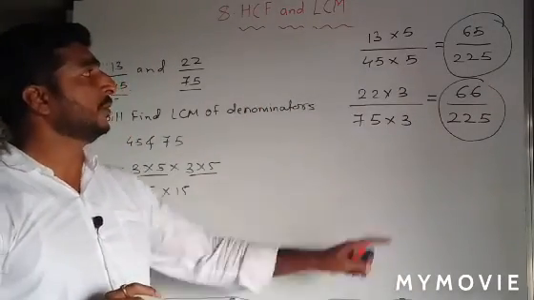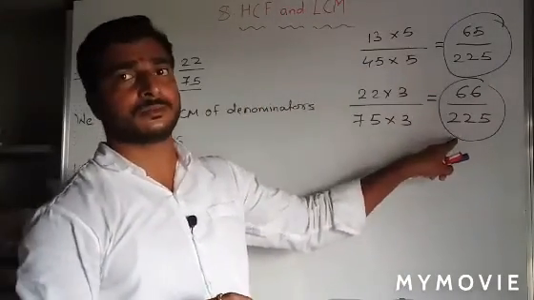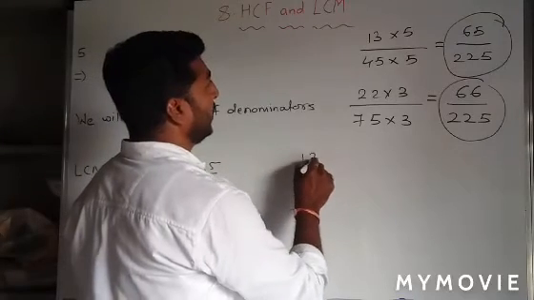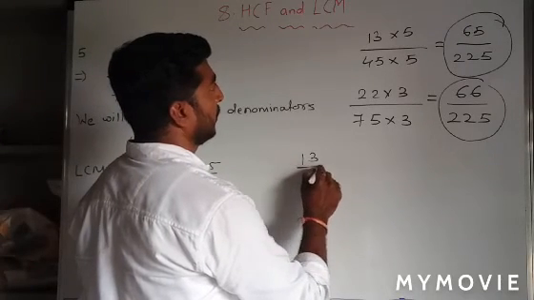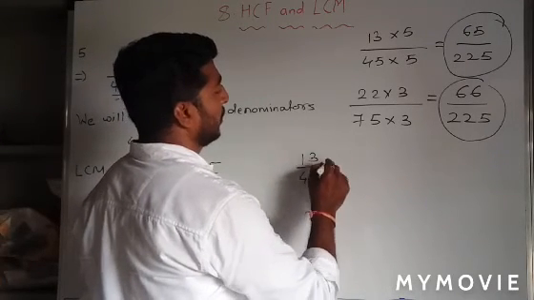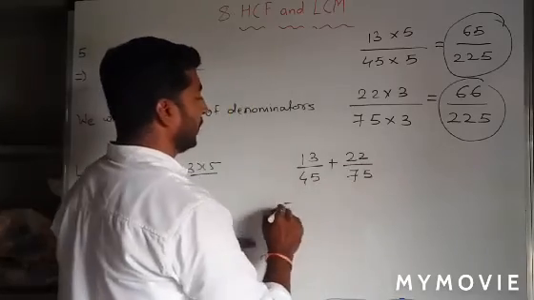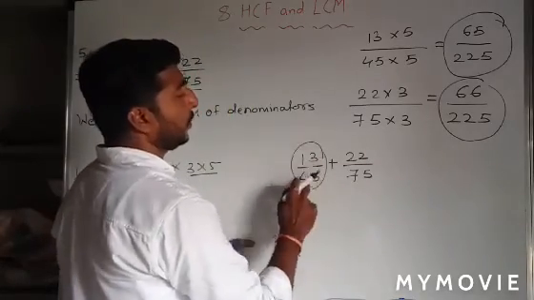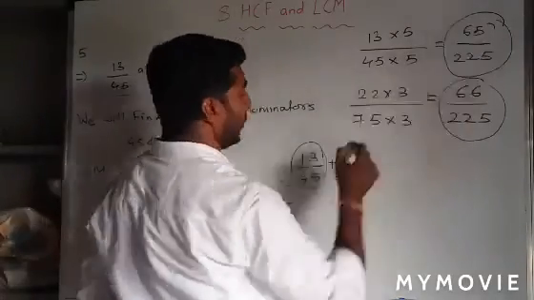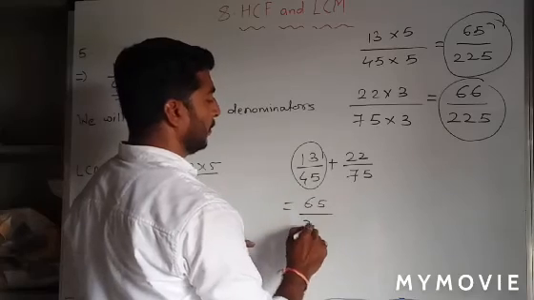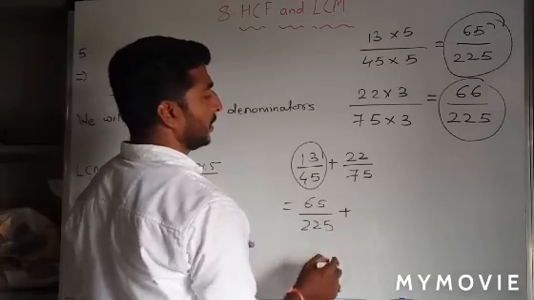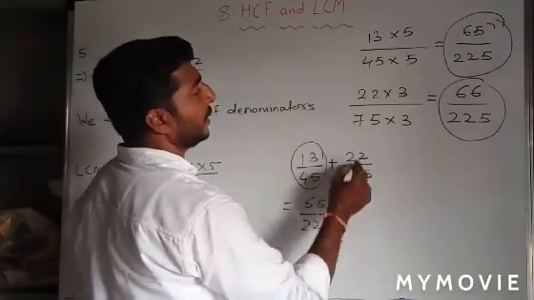Now what is the question? You have to add these equivalent fractions now. So now here you can say that 13 upon 45 plus 22 upon 75 is equal to, what is the equivalent fraction of 13 upon 45? 65 upon 225 plus, and what is the equivalent fraction of 22 upon 75?